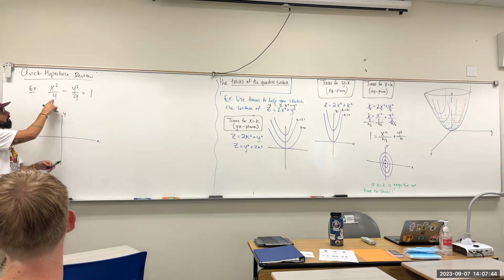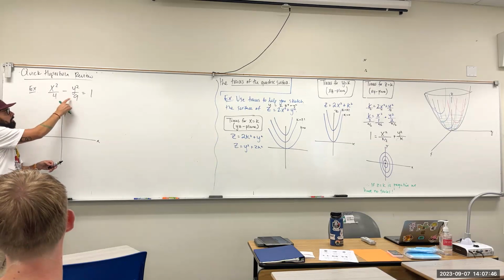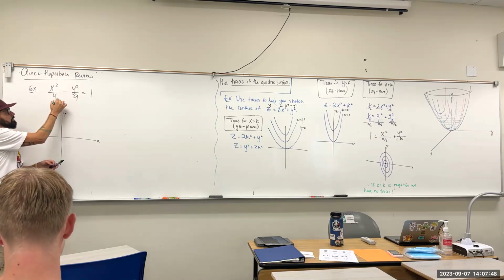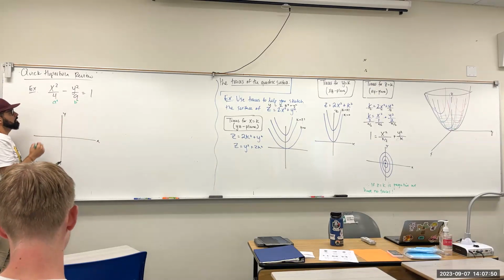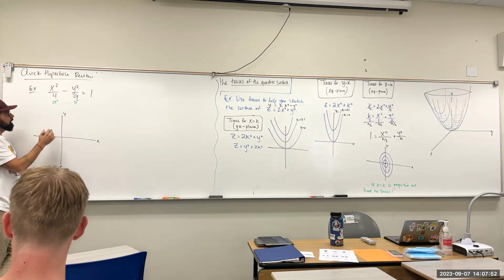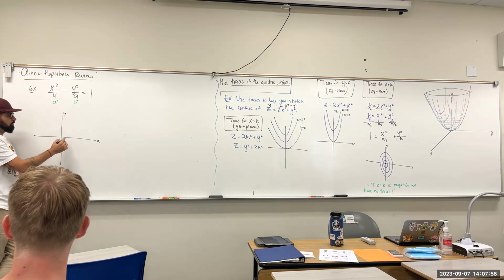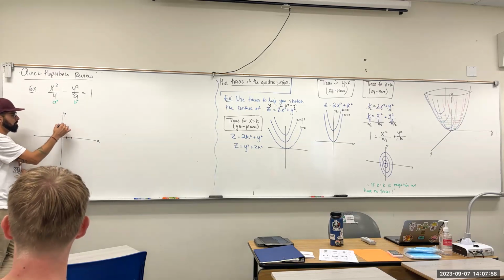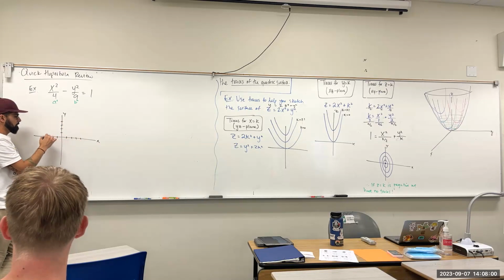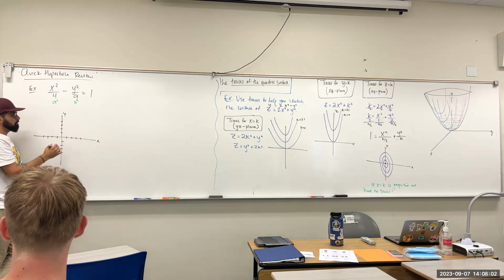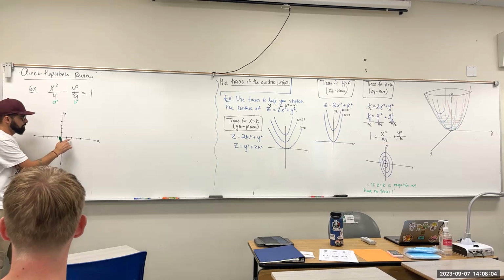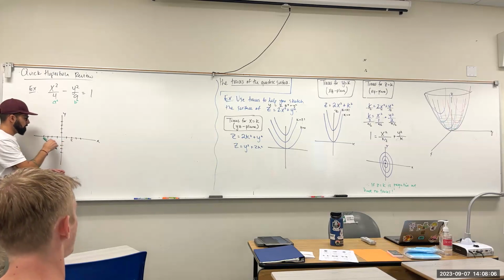You take the square root of these values below, because normally it's a squared and b squared. In this case, a would be 2. So you go 2 units in the x direction, so it'd be right here at 2 and -2.